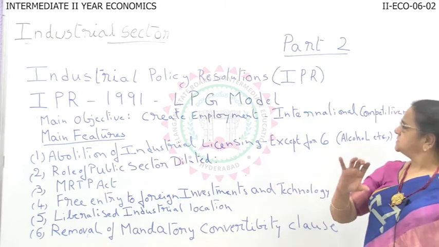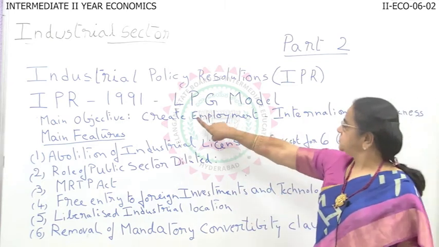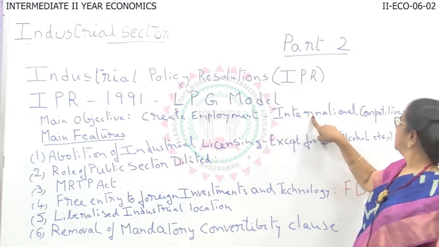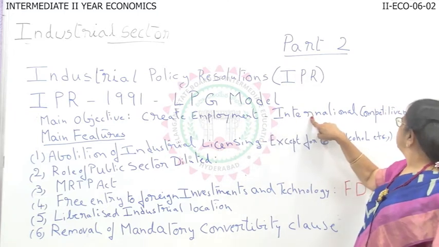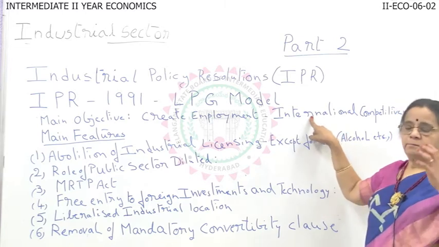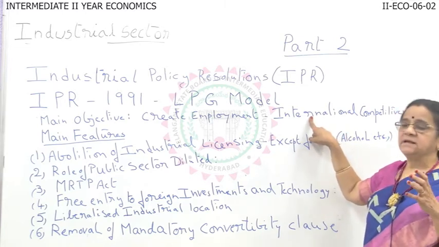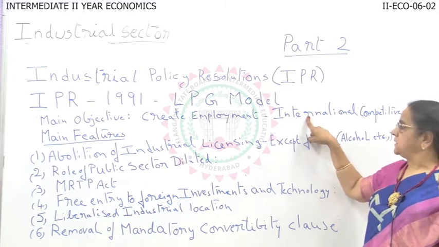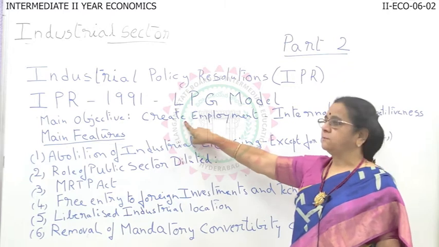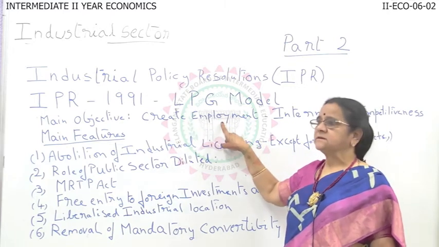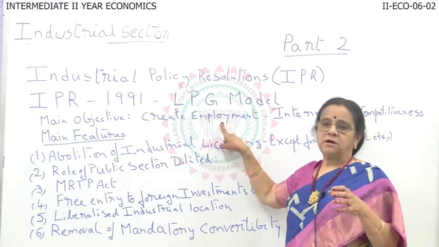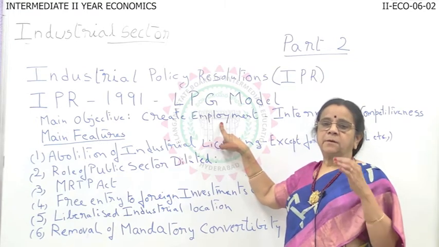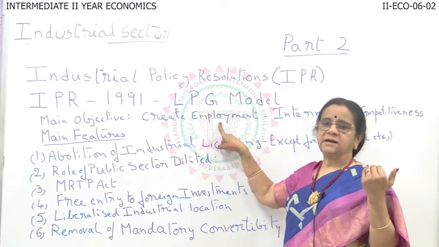The most important are creation of employment and improving international competition. So, to make Indian industry stand in the world as a competitive economy and to generate more employment, because the Indian economy could not register higher employment prior to 1991.